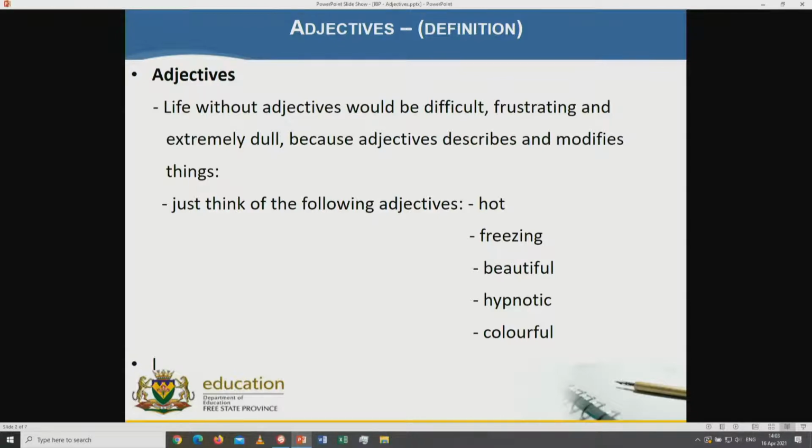And in some instances, we wouldn't be in a position to understand some of the things better as they are explained, because adjectives tell us more about nouns. If someone talks about a book and we want to know which book this is, that person will say, that thick book. Now, just think of the following adjectives.